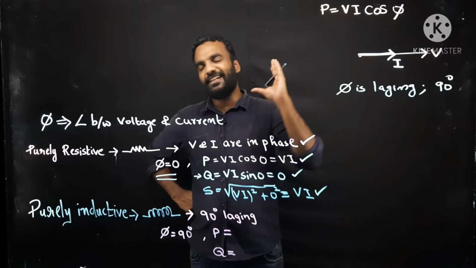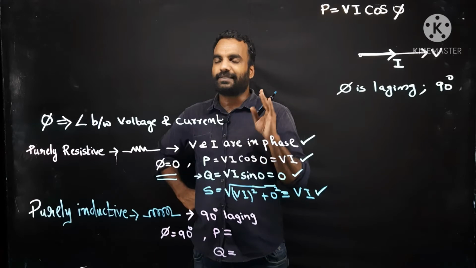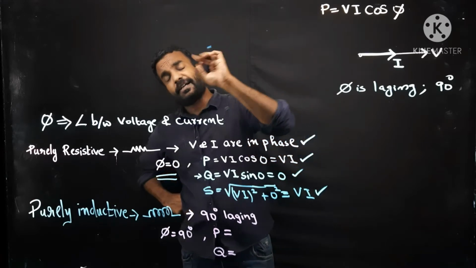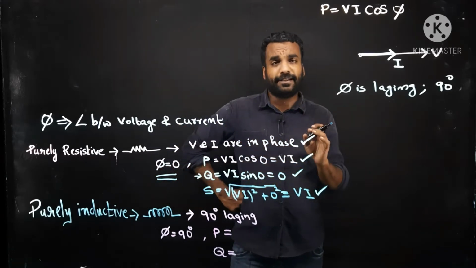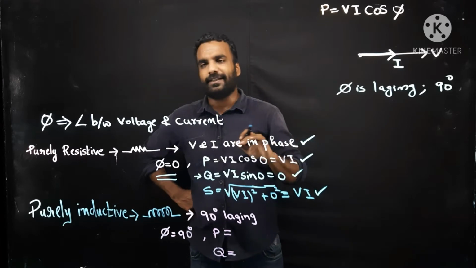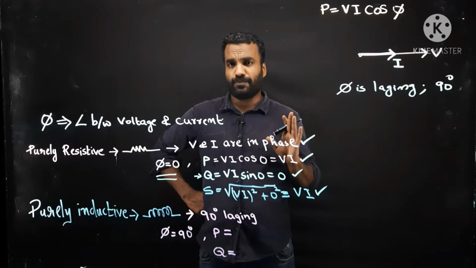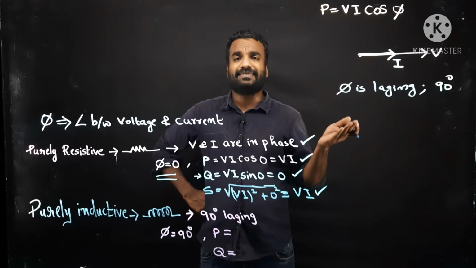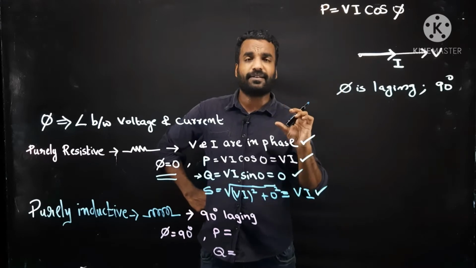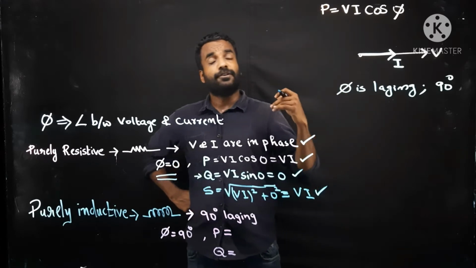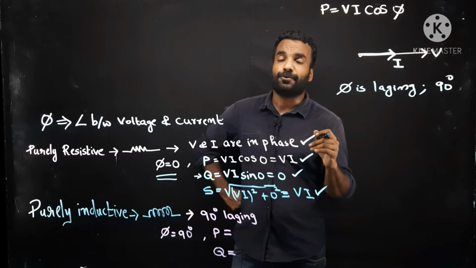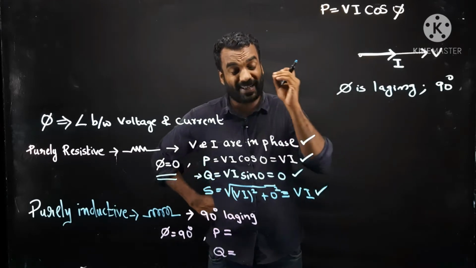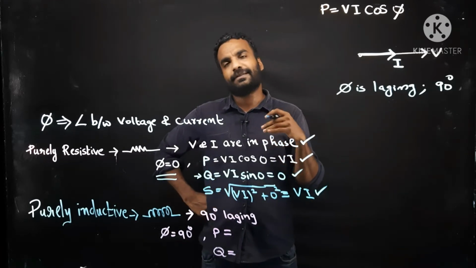And if it is leading, you know it is capacitive. And if it is purely capacitive, that leading degree will be plus 90 degree. That is also known to you. Positive means leading, and lagging means it is lagging. If it is purely inductor, it is lagging by 90 degree. If it is purely capacitive, it is leading by 90 degree.